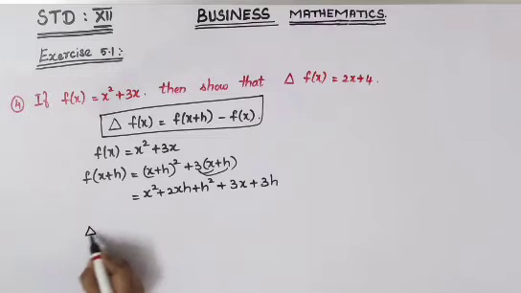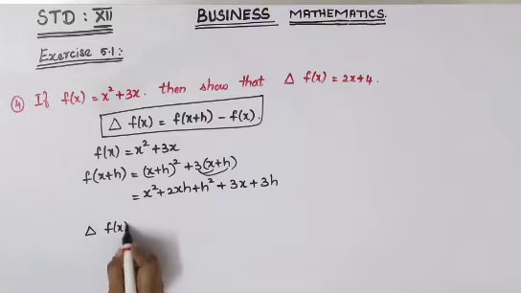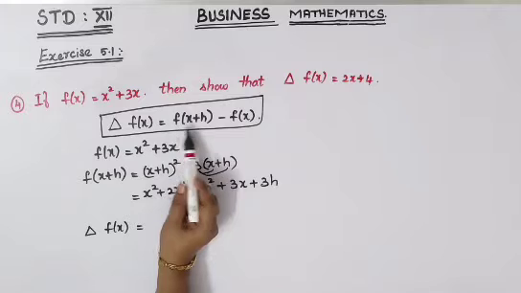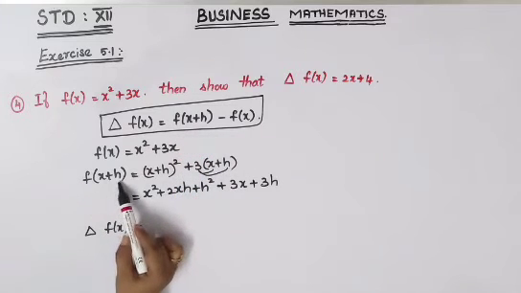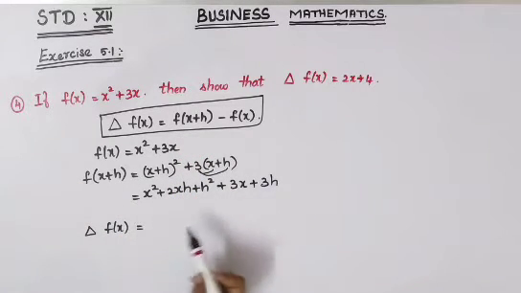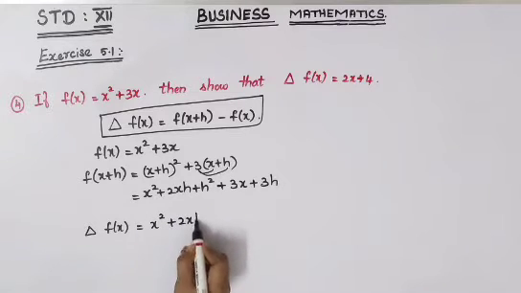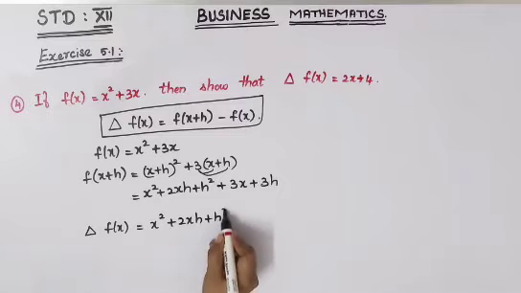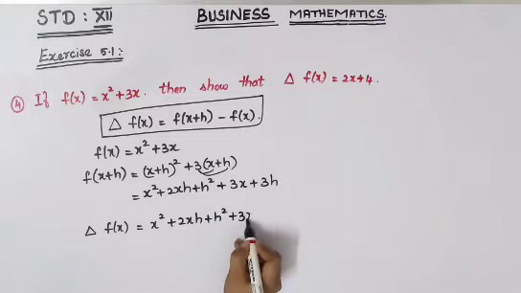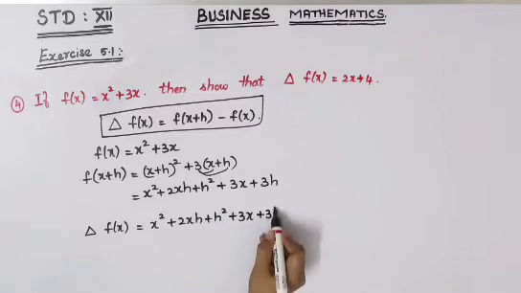So delta f of x is equal to, your first is f of x plus h. Just write this answer as it is, x square plus 2xh plus h square plus 3x plus 3h.